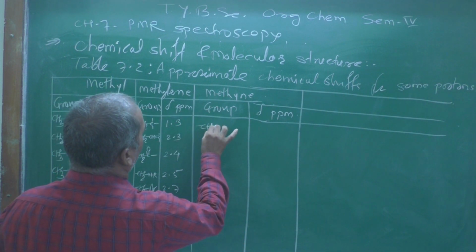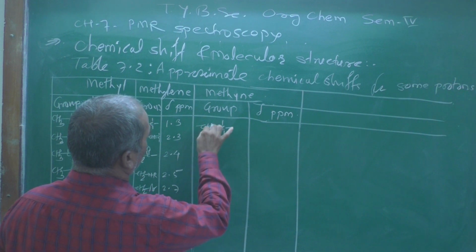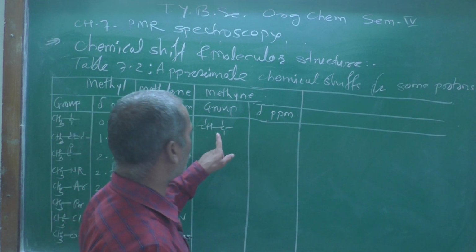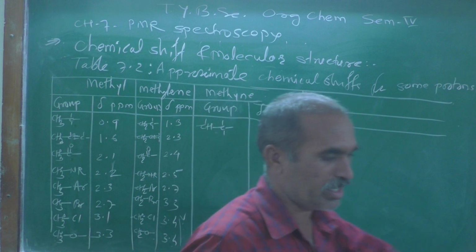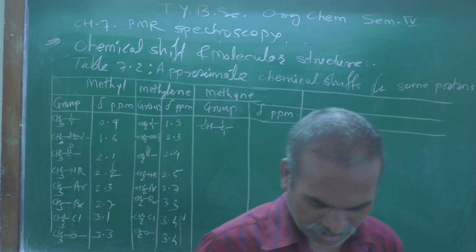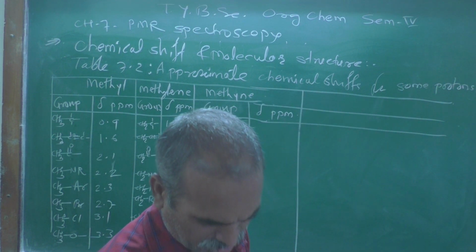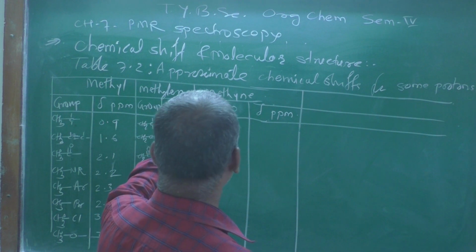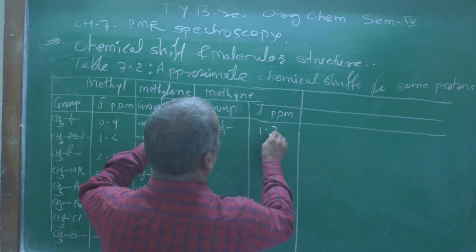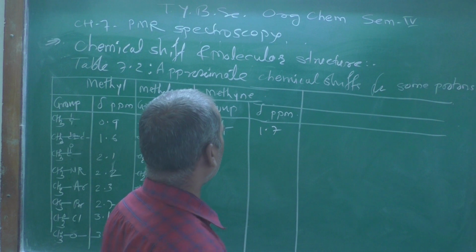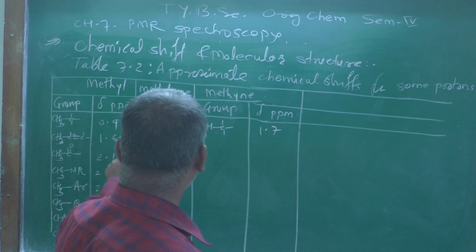Only one hydrogen atom is present and it is further attached to a saturated carbon atom, then there will be an addition of 0.3 over here. So you will get 1.7 delta value in a methine.